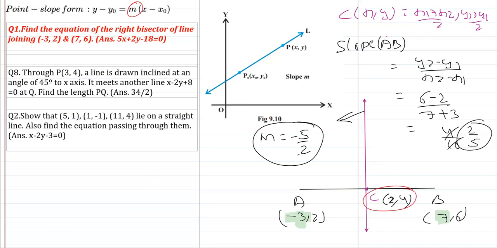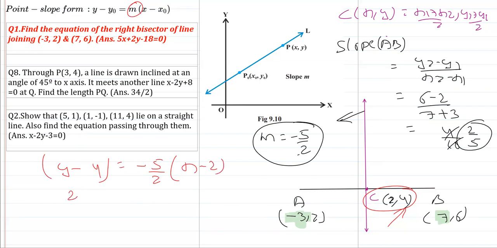Now we have this slope, and we also know the point through which it is passing. So we can find the equation of the line using this formula, that is y minus y naught, y naught as I can see is 4 from this point, is equal to m, what is m here, that is -5 by 2, into x minus x naught, and x naught here is 2.